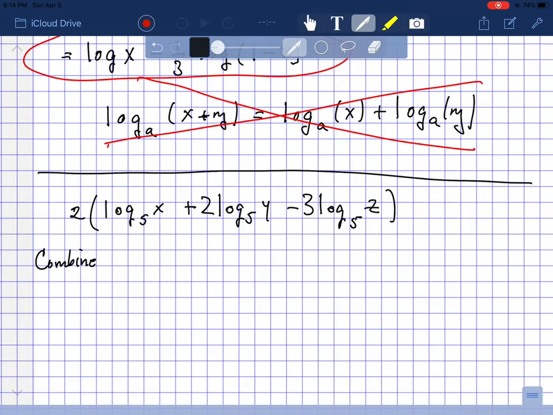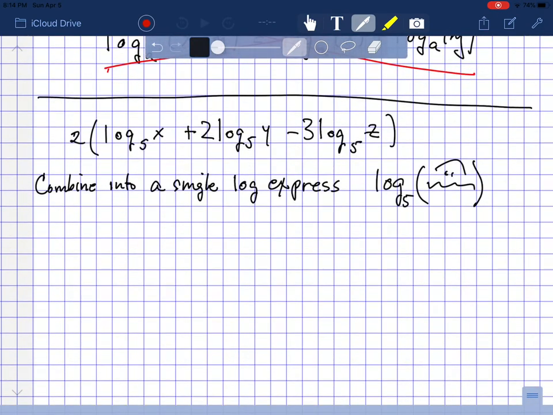Okay, what can I do with this? So here, what I want to do is combine this. Before we wanted to expand out the log of an expression, here we want to combine into a single log expression. In other words, we want to write this as the log base 5 of some quantity in here. Okay, and so what we have to do is figure out, hey, what goes in here?